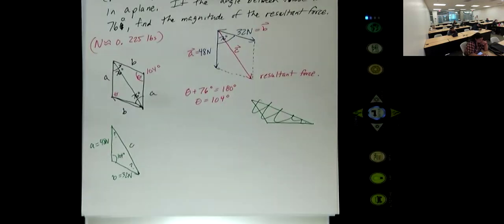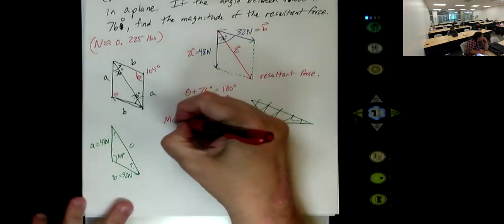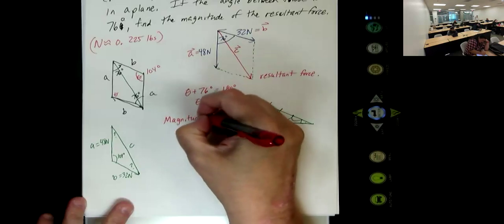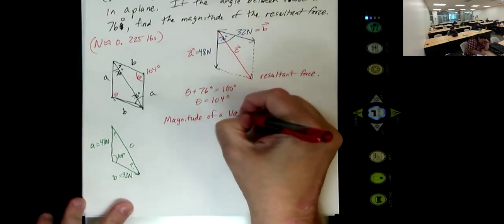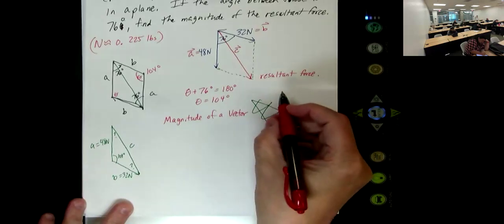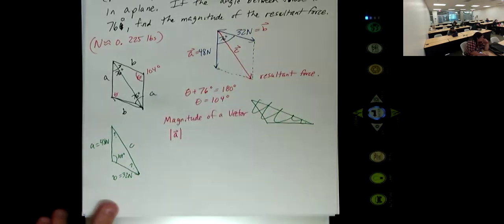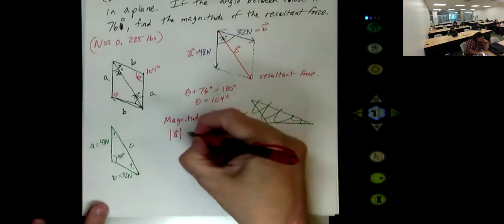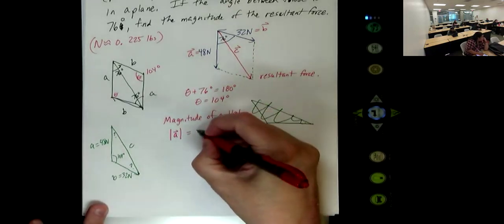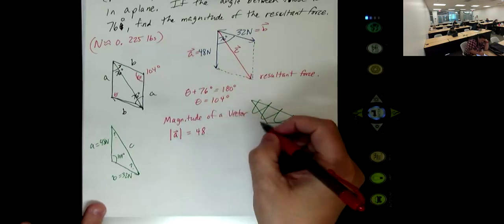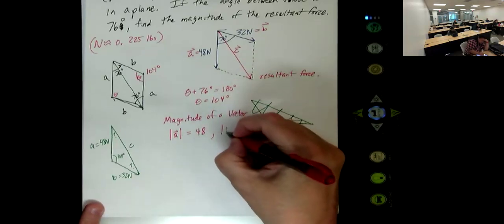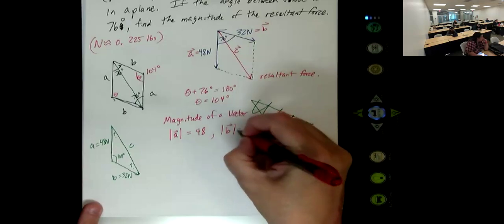So I wanna use the length of A. When we show the magnitude of a vector, they usually show it as the absolute value. It looks like the absolute value. But the magnitude of A is 48. The magnitude of B is 32.